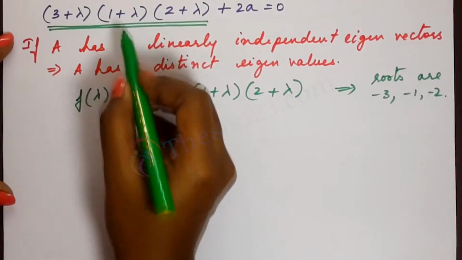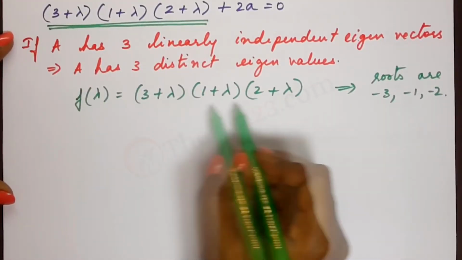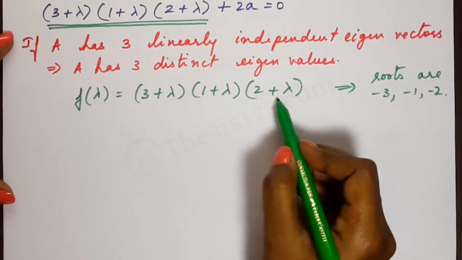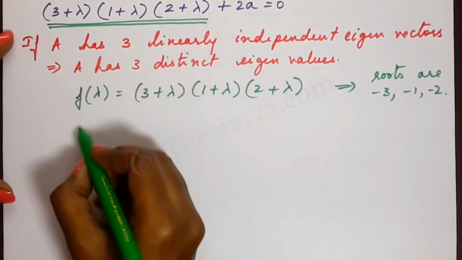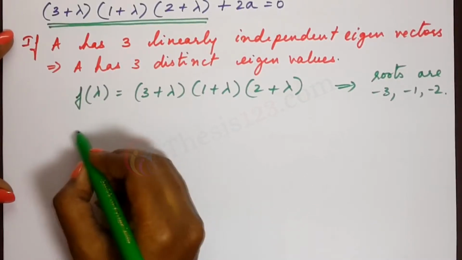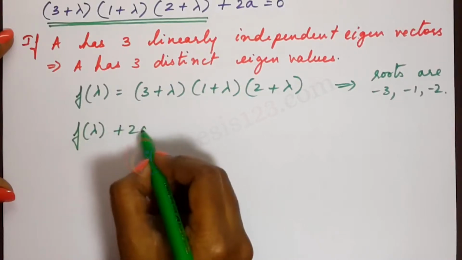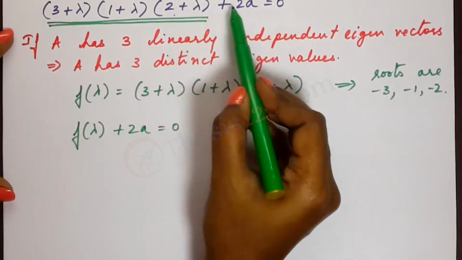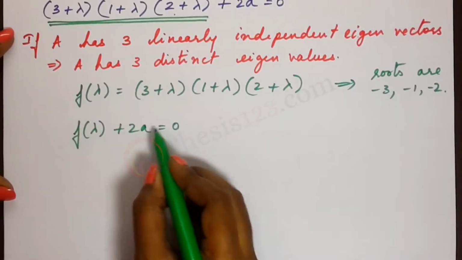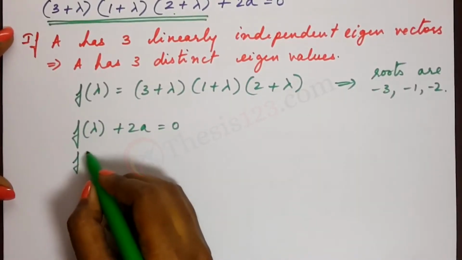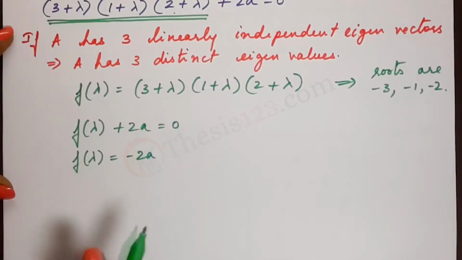If we substitute f of lambda into the characteristic equation, we'll get f of lambda plus 2A is equal to 0. Let's take that 2A to the other side. We'll obtain f of lambda is equal to minus 2A.